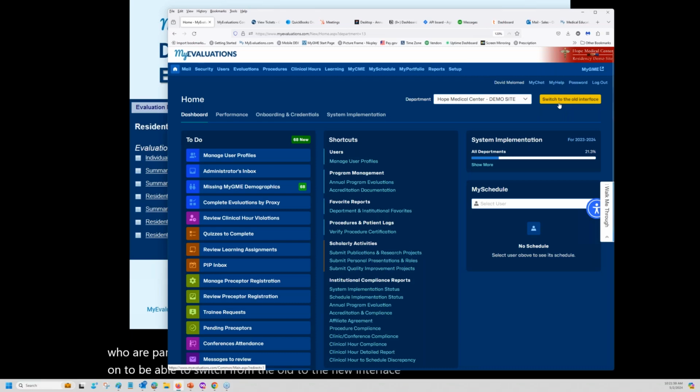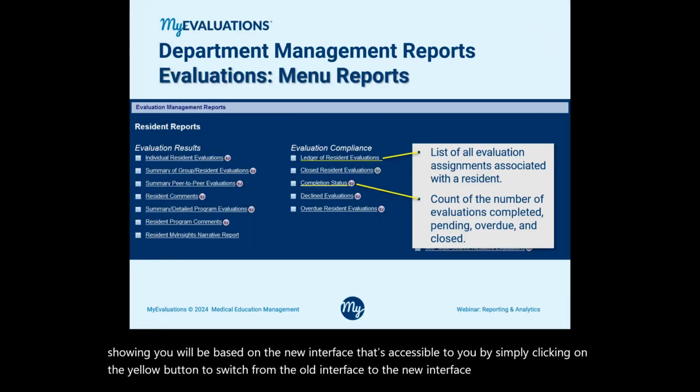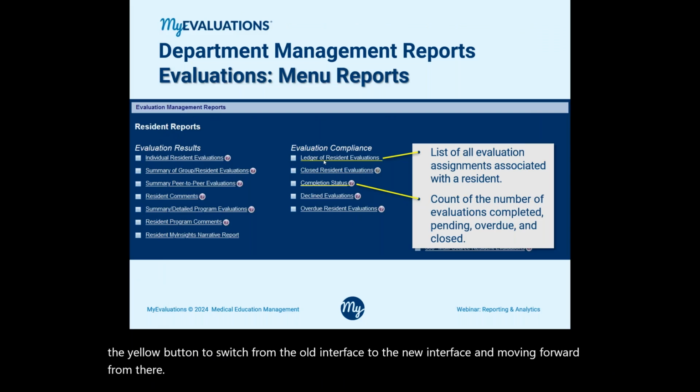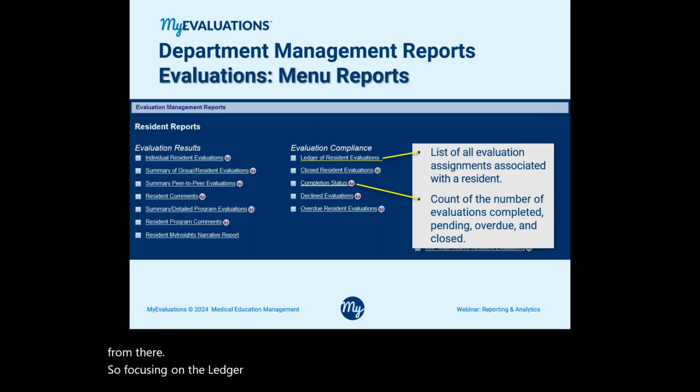So today, everything that I'm showing you will be based on the new interface that's accessible to you by simply clicking on the yellow button to switch from the old interface to the new interface and moving forward from there. So focusing on the ledger and the completion status report will be our goal for today.